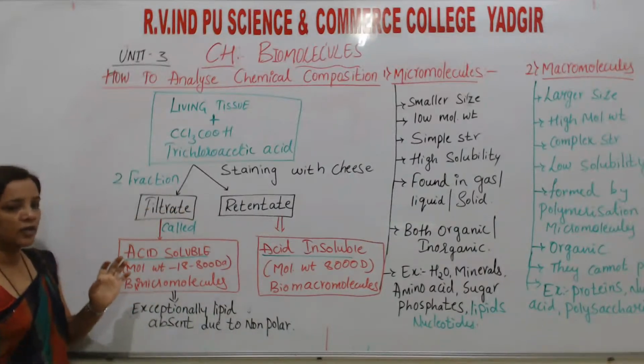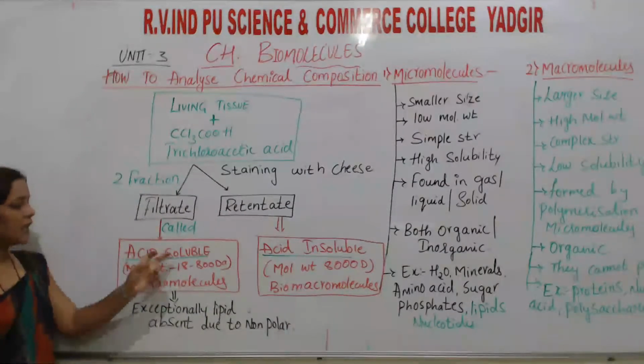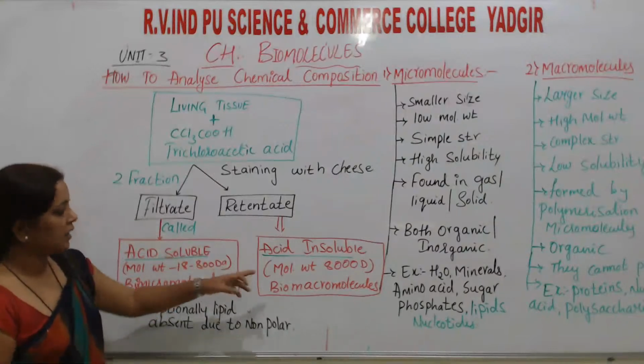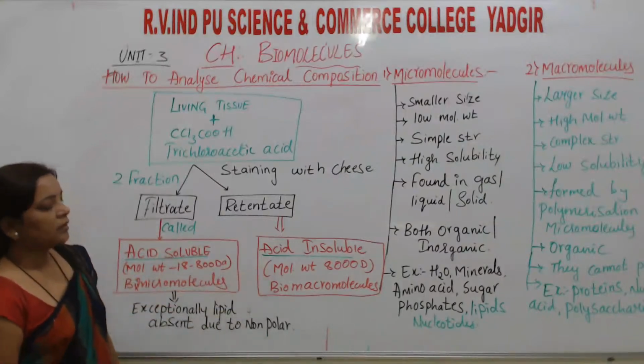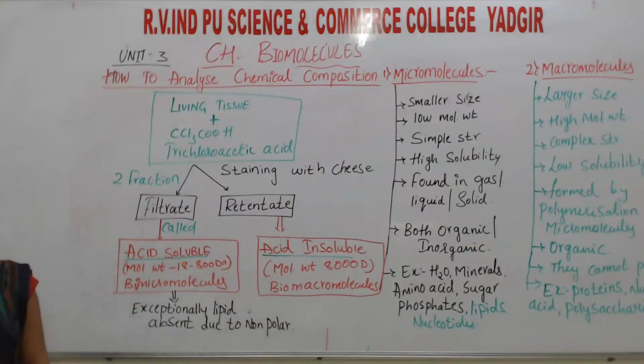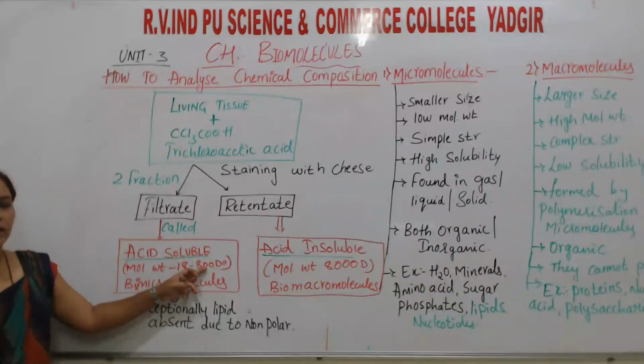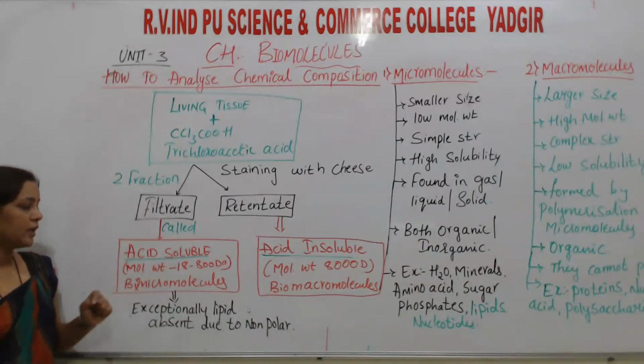Both are acid only. The acid soluble contains chemicals with molecular weight within 800, and the insoluble ones are nearly 8,000.